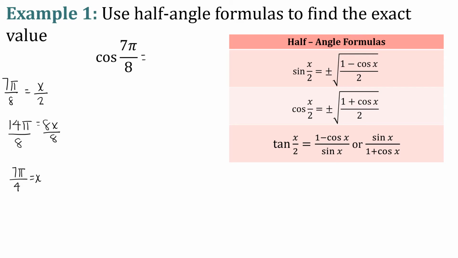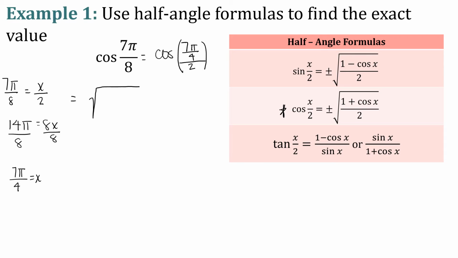So we know that this is equivalent to cosine of 7 pi over 4 over 2. I wrote that wrong at first, it should be 7 pi over 4, over 2. So now we're going to plug this into this equation right here. So let's see.